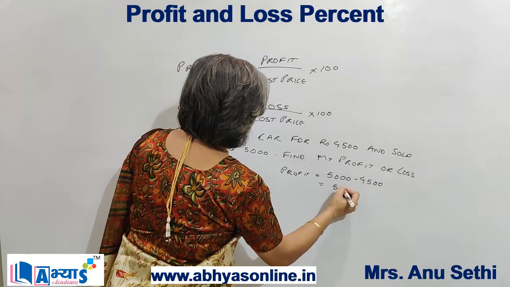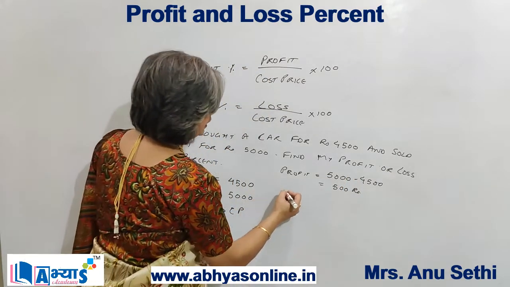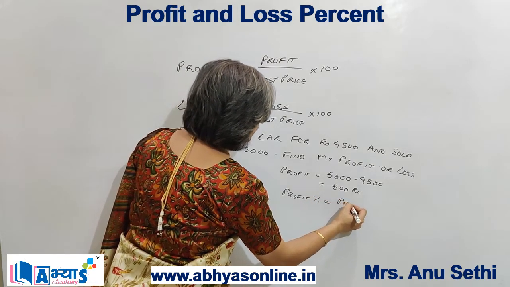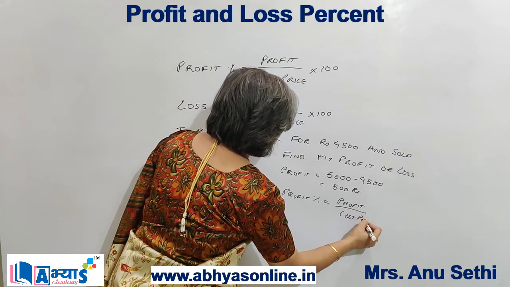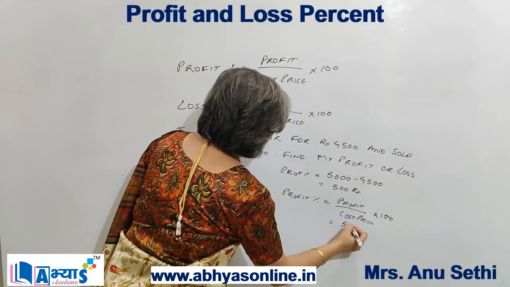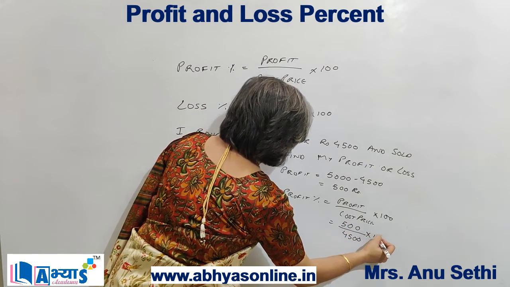That means 500 rupees. Now 500 is the profit and profit percent is equal to profit upon cost price into 100, or I can say 500 upon 4500 into 100.